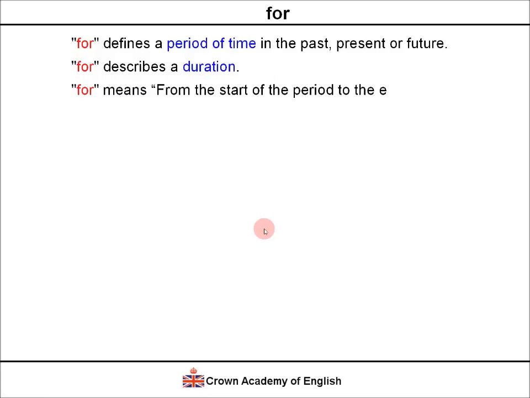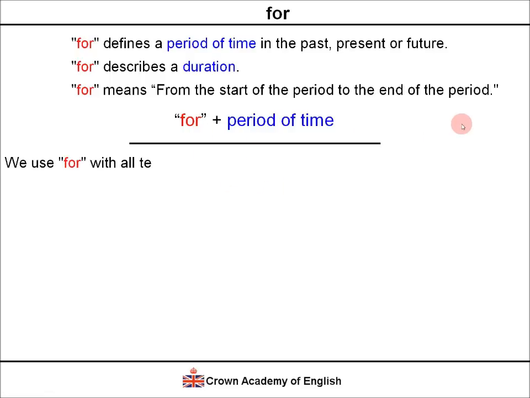And it means from the start of the period to the end of the period. So the form is for followed by a period of time. And we use for with all of the verb tenses, with all of them. So we can use it with the past, present, or the future.